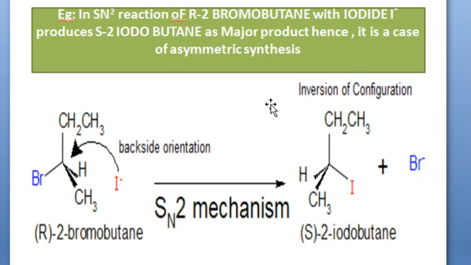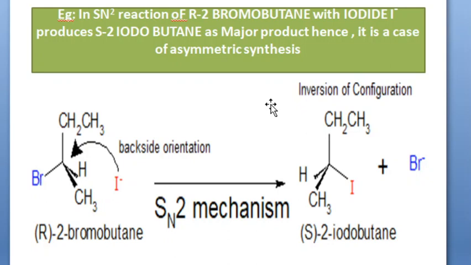That's why the orientation is given as a backside orientation. As it is coming in the backside orientation, you will get a configuration that is different from the reactant configuration. The reactant configuration here is R-2-bromobutane, and the product's configuration is S-2-iodobutane. So this is inversion in configuration.